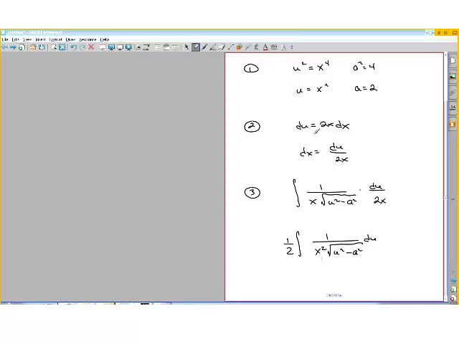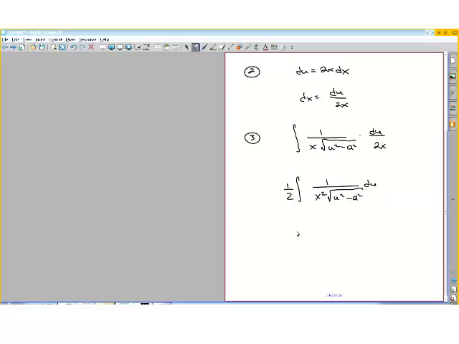But x squared is equal to u, so I can now rewrite this as 1/2 the integral of 1 over u square root of u squared minus a squared times du. So that's exactly what we need. That's equation number 20.